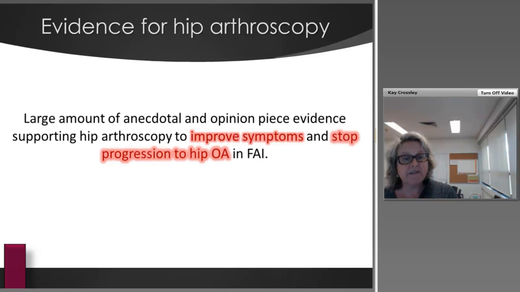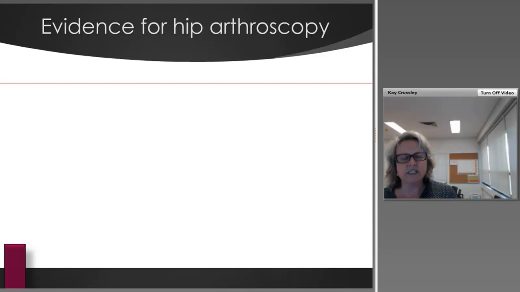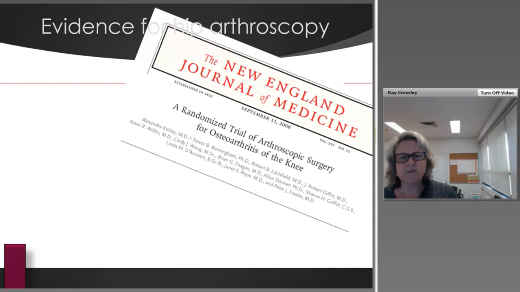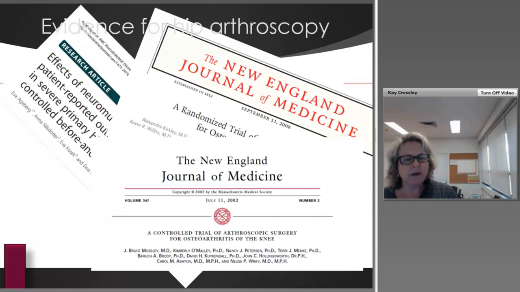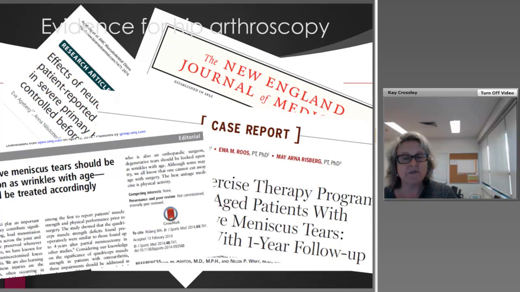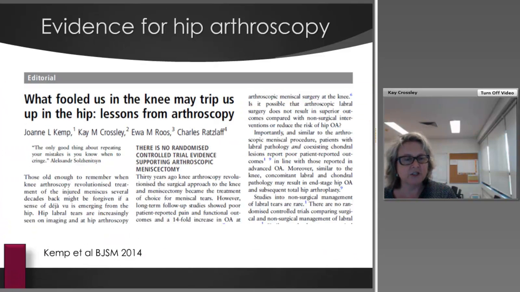So what's the evidence that they can do this? Well, there's a large amount of anecdotal and opinion pieces supporting hip arthroscopy to say that it can improve symptoms and stop progression to hip OA in FAI. But we also know that there are a lot of studies looking at people who've had an arthroscopy for the knee, and the evidence is not that clear.